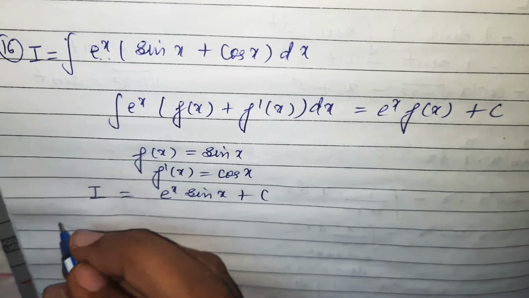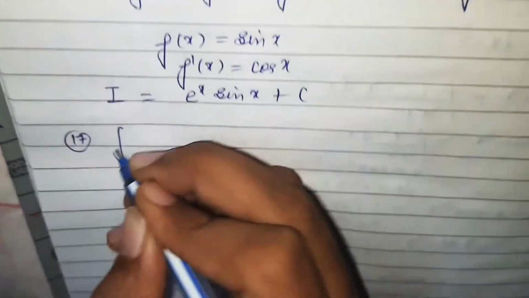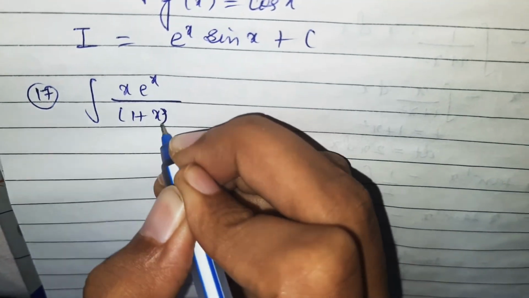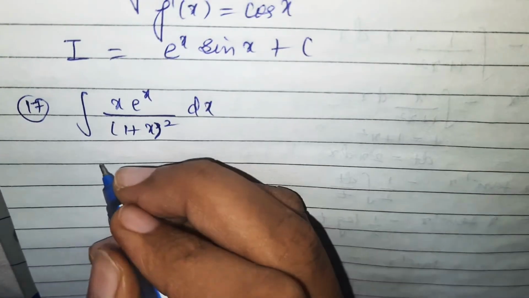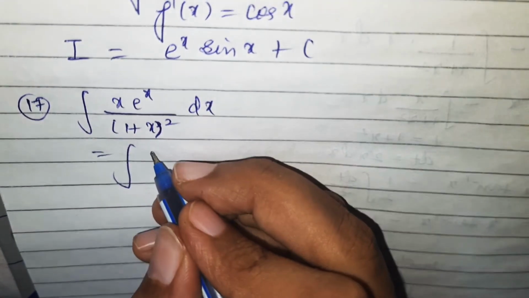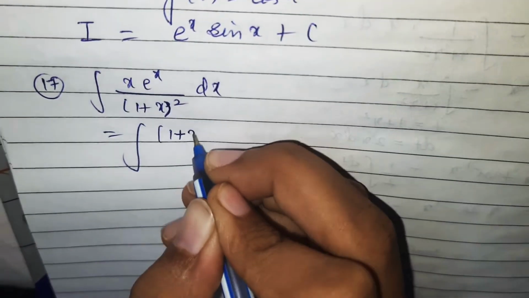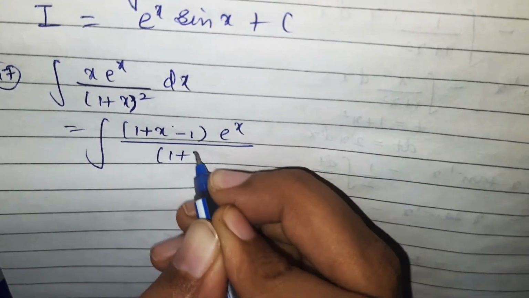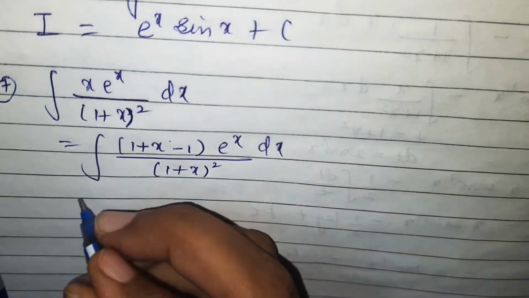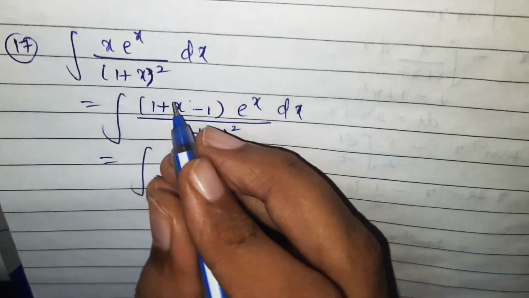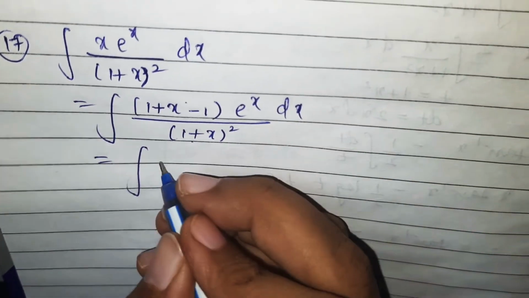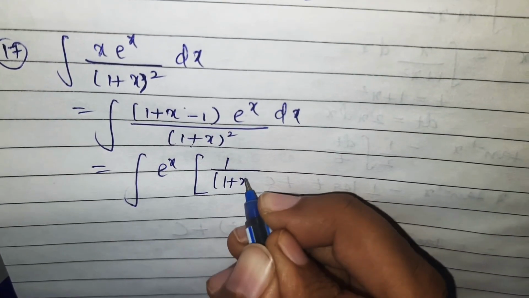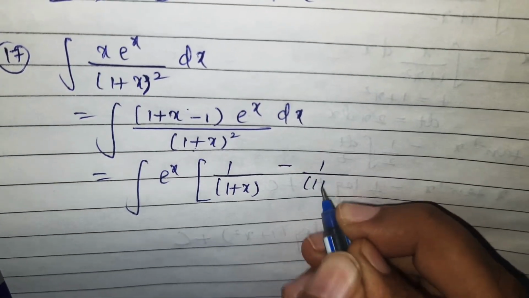Now come to question number 17. The 17th question is x e^x upon 1 plus x whole square dx. Now what you need to do, in the numerator with x you will be adding 1 plus x minus 1, e^x. Just because of the denominator I have done this. This upon this will give you 1 upon 1 plus x, and this is 1 upon 1 plus x square.